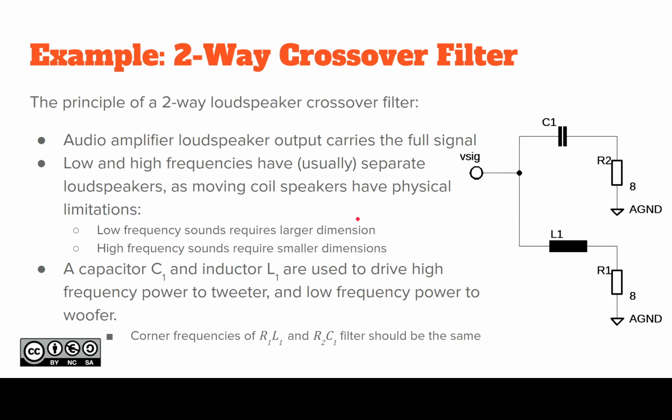Okay, and then the example. Two-way crossover filter. So the principle looks like that. We have the tweeter, which is the higher frequency loudspeaker, and then we have this lower frequency loudspeaker, which is called the woofer.